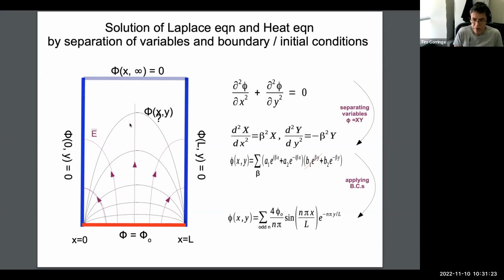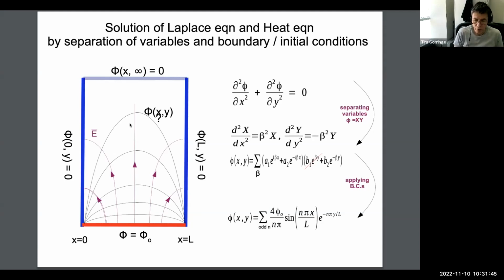So to solve this analytically, to solve this theoretically, we would start with Laplace's equation. And we would apply separation of variables to Laplace's equation. That turns it from a partial differential equation into a set of ordinary differential equations.